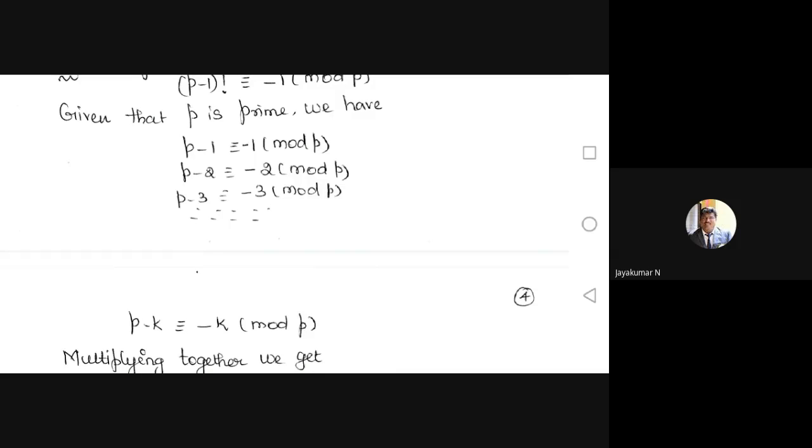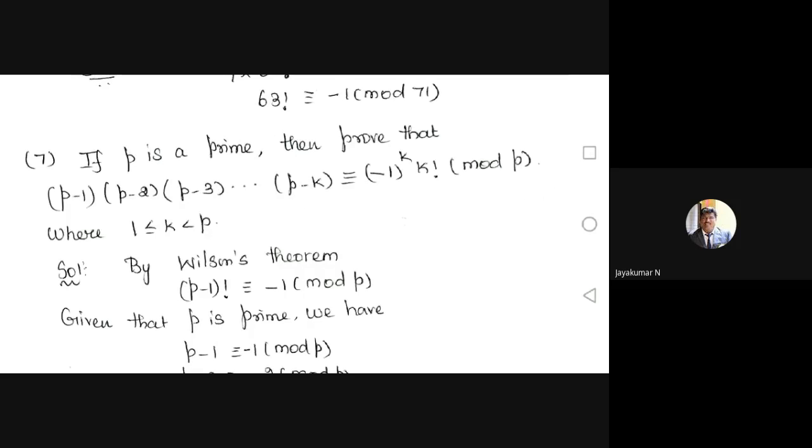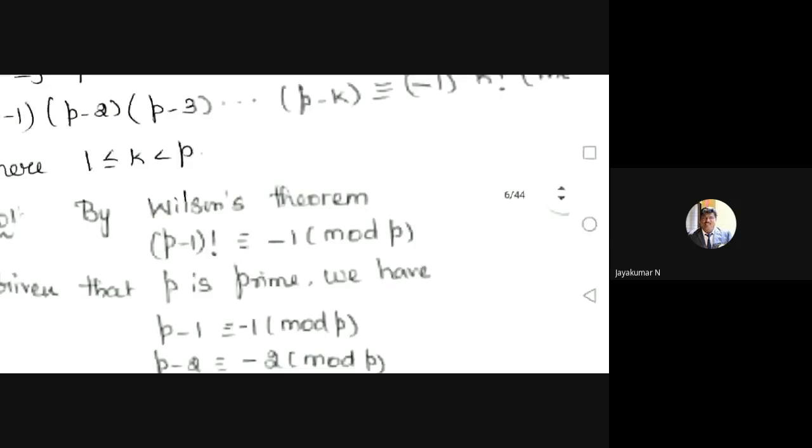So P minus 1 is congruent to minus 1 mod P. Since P minus 1 is divided by P, you get the remainder minus 1.